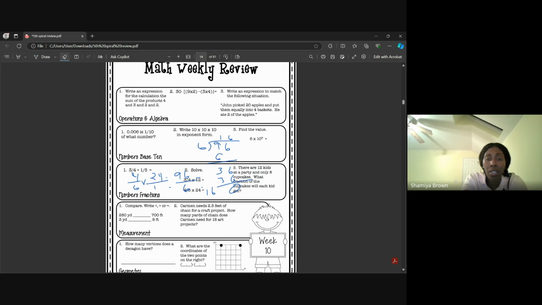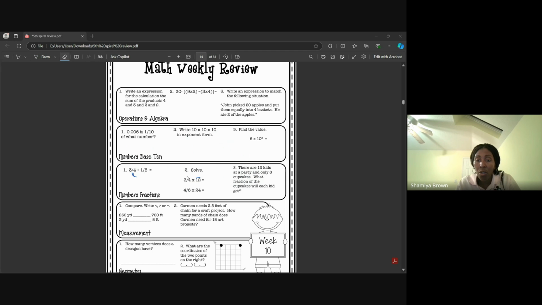And then number 3 is a word problem. It says there are 12 kids at a party and only 8 cupcakes. What fraction of the cupcakes will each kid get?